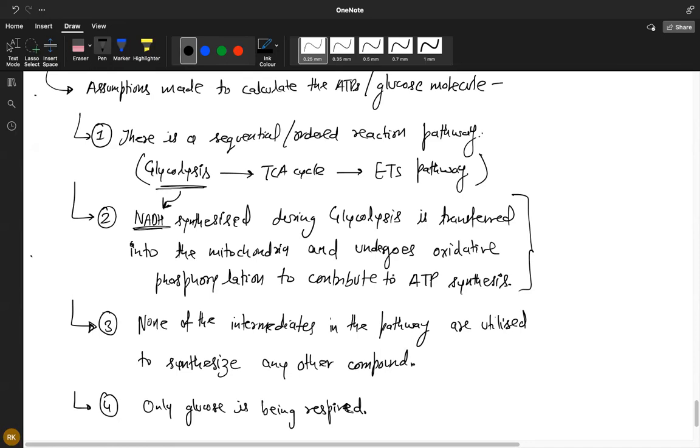And that may happen under normal situations because we are eating diverse food, but we are assuming that only glucose is being respired. So write down, no other alternative substrate is entering the pathway at any stage.